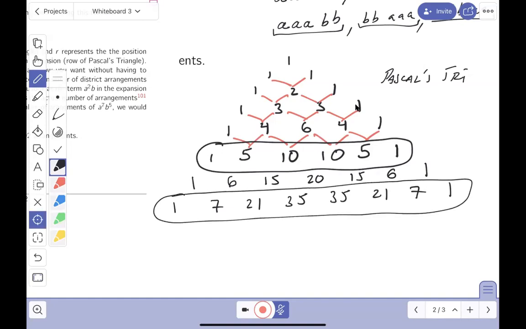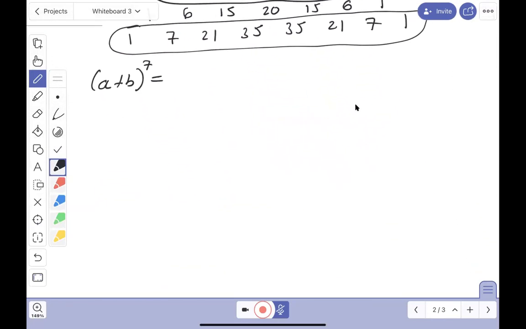How many terms are there? Let's count it up: 1, 2, 3, 4, 5, 6, 7, 8. What does this correspond to? A plus B to the 7th power. This will have 8 terms. Let's write them down now.